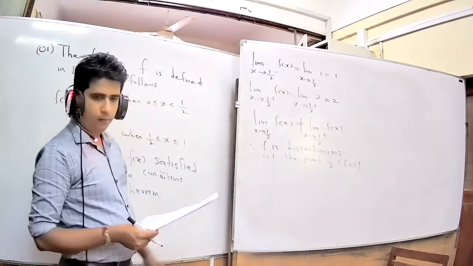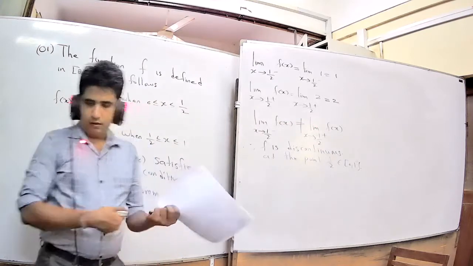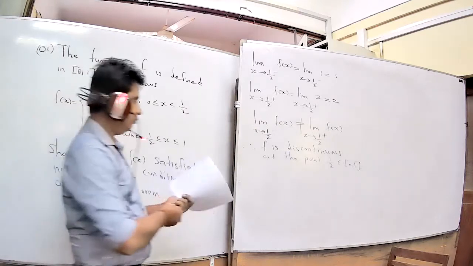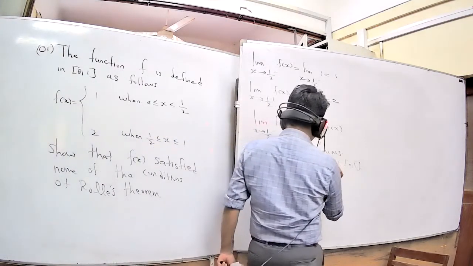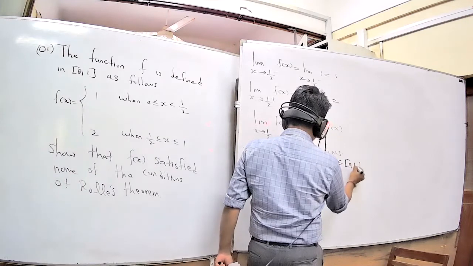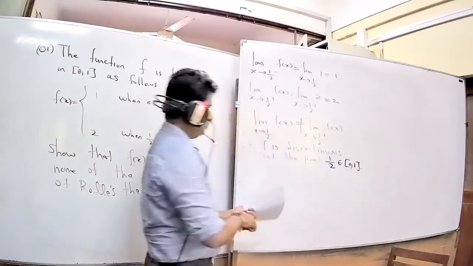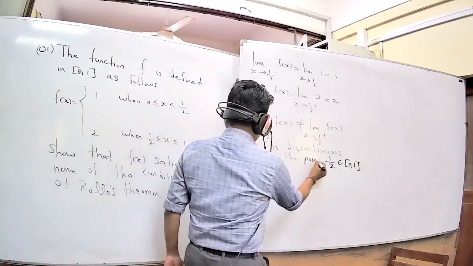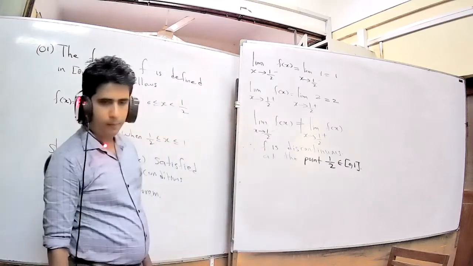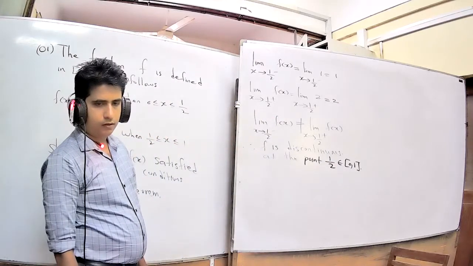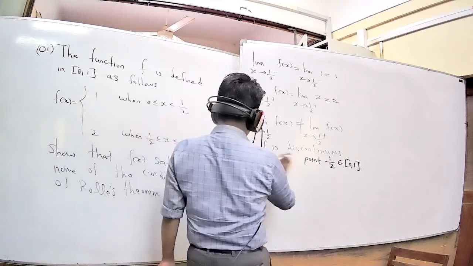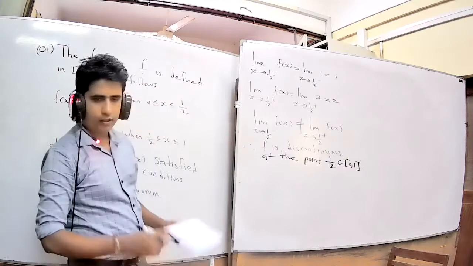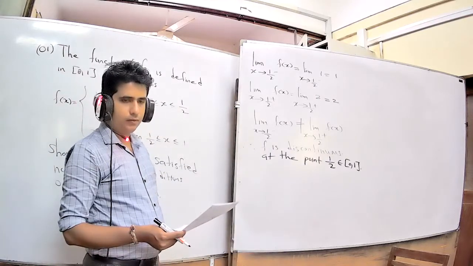So f is discontinuous at the point 1/2 belonging to [0, 1].